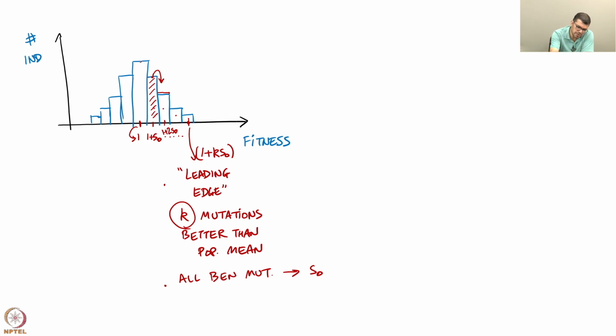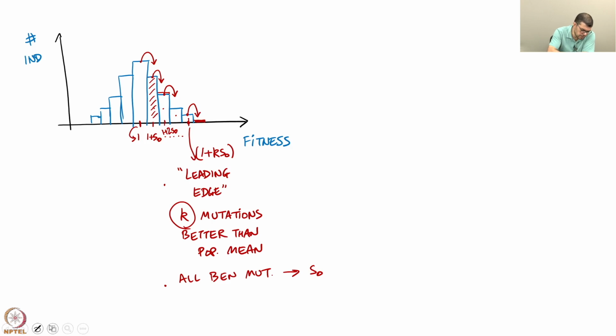Hence, the beneficial mutations occurring in any of these lagging genotypes is not going to dictate how evolution is going to take place. The only place where beneficial mutations are going to dictate the fate of the population is when they are occurring in the leading edge. Because when a beneficial mutation occurs in a leading edge, you get a new edge, and that is the change that happens because there was no one here.